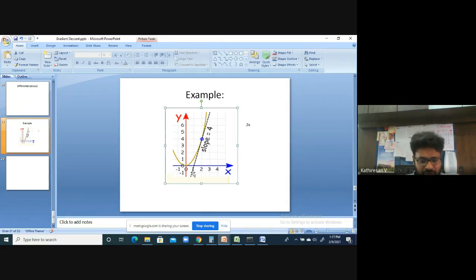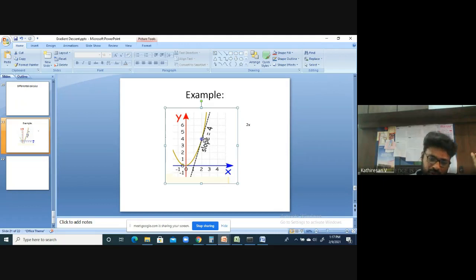At x value 1, you can keep a point and find the slope. Here the slope is 2, here the slope is 4. If it is, say for example, 2.5, 2 into 2.5, 5 is the slope. Likewise you have to identify the slope. Once you identify the slope, you can understand whether it is going straight or it is turning.